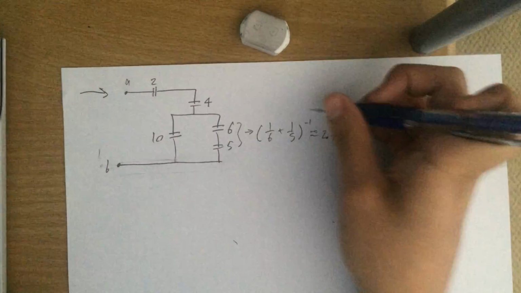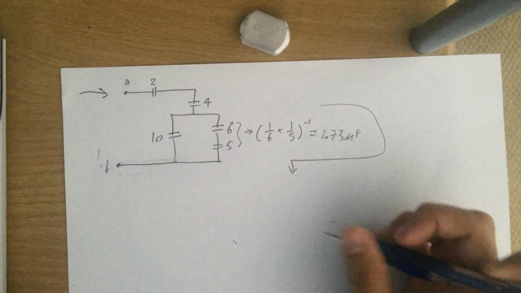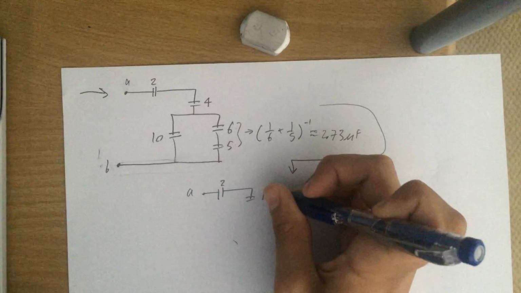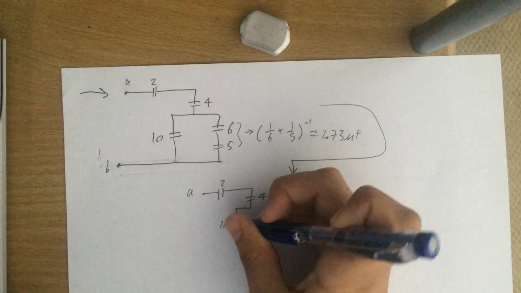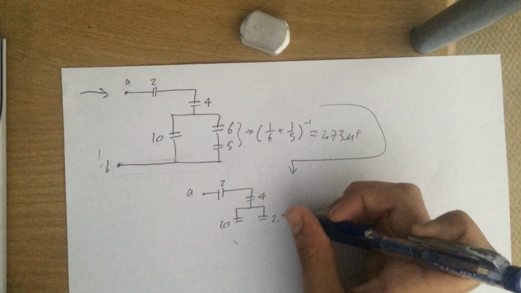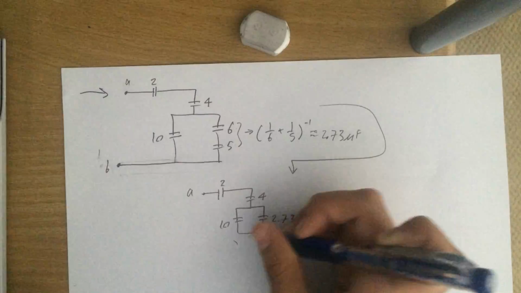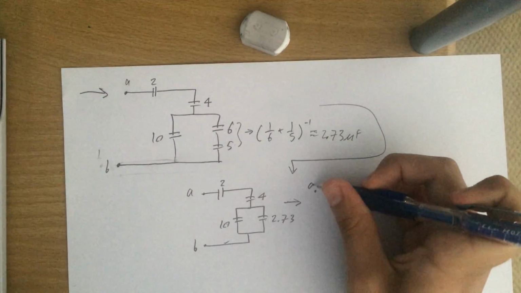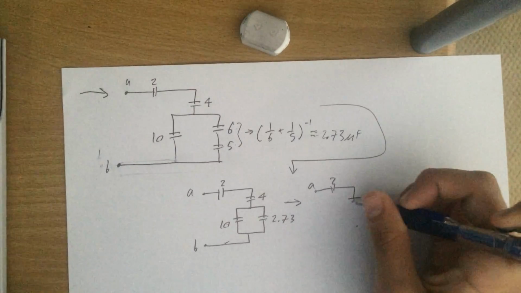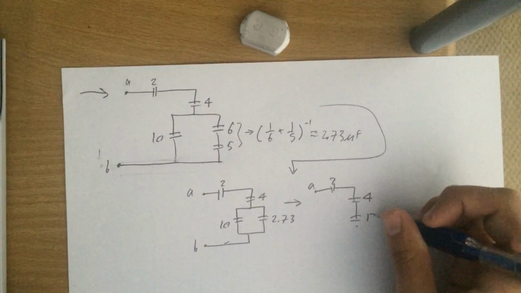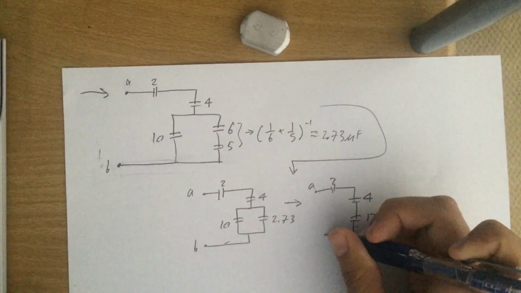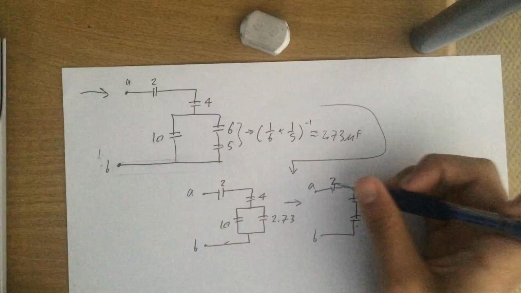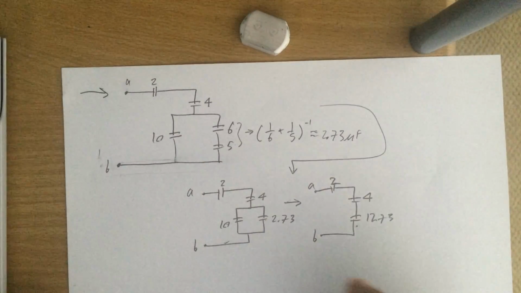So we can continue to simplify this in the following manner over here. So you got terminal A, 2, 4, 10, 2.73, not the most beautiful number, but it should work at the end. Alright, just combine these two. You have A, 2, 4, 12.73, terminal B. Okay, so at this point you're going to have 3 capacitors in series.